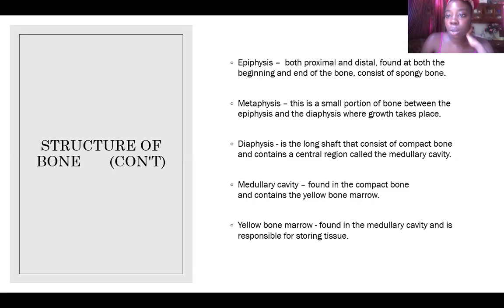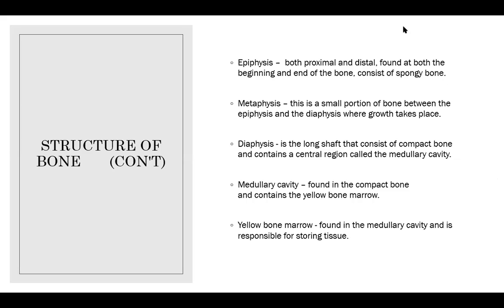We have two epiphyses, both proximal and distal, meaning the beginning and the end of the bone, and it consists of spongy bone.